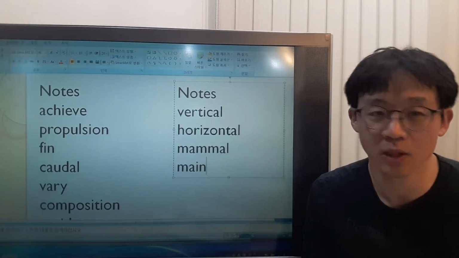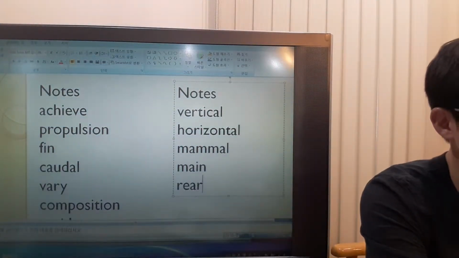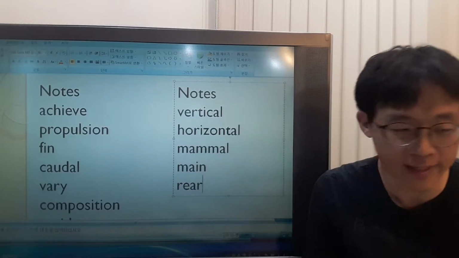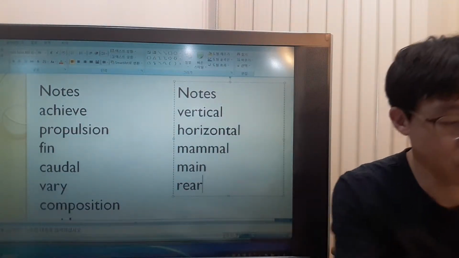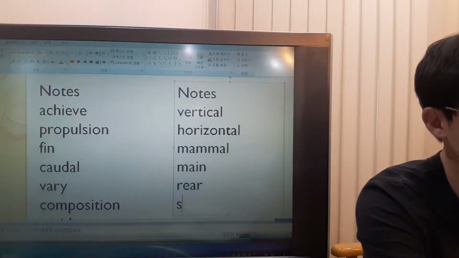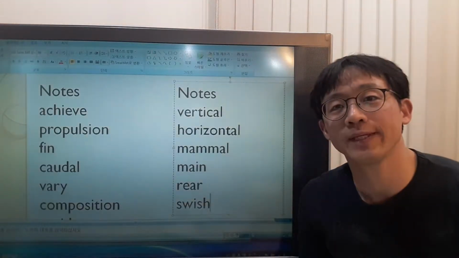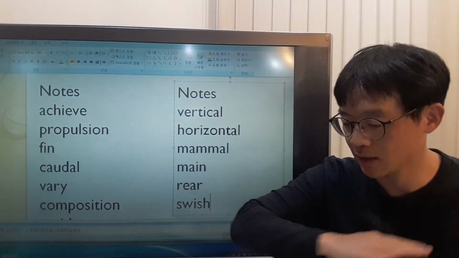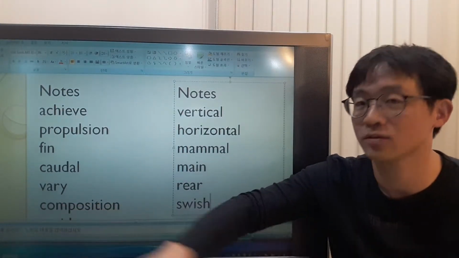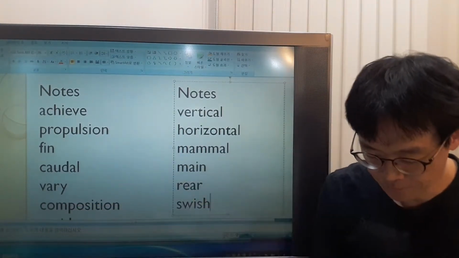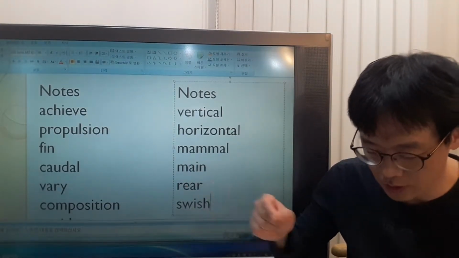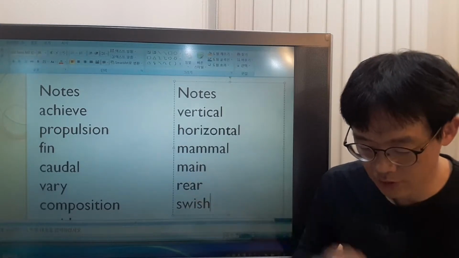What does rear mean? Rear means at the back, alright? And swishes back and forth to help with the movement. Swish. What does swish mean? Swish means a quick movement in the air, making a soft sound. So it's a tail which swishes at the back of the fish.